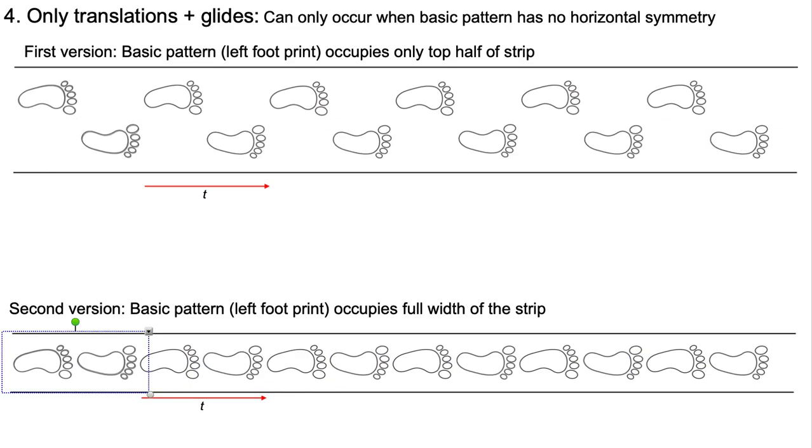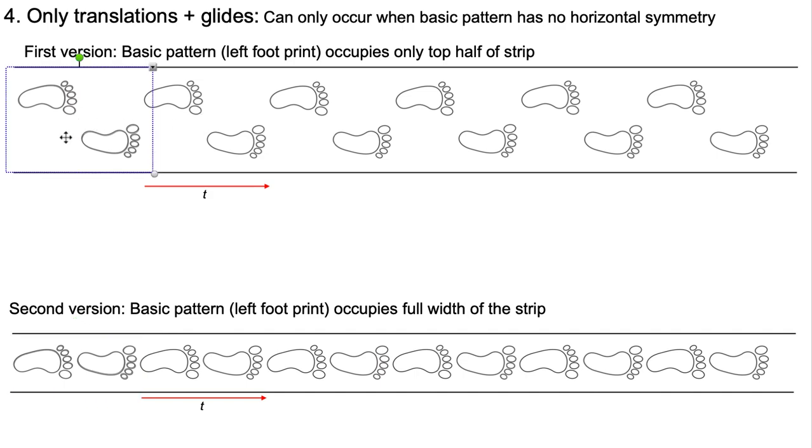The next kind of strip patterns that we might look at are strip patterns that have only glide symmetry and translation symmetry. Now, the translation symmetry is the two footsteps here. This is a left one and this is a right one, and you'll notice that this is basically nothing more than a common footprint trail like ordinary walking on a beach.